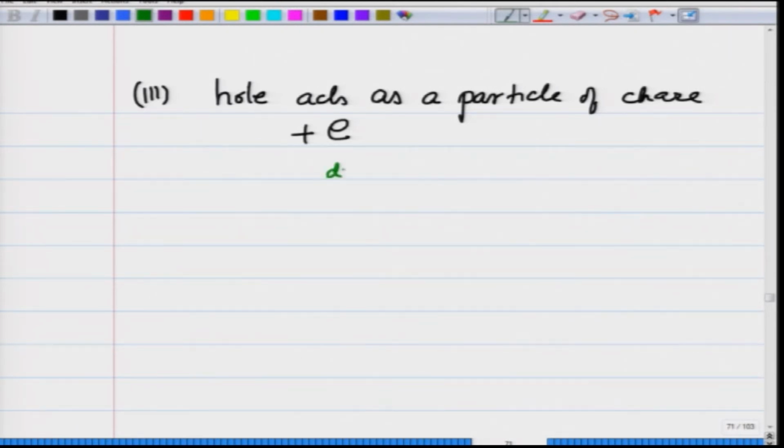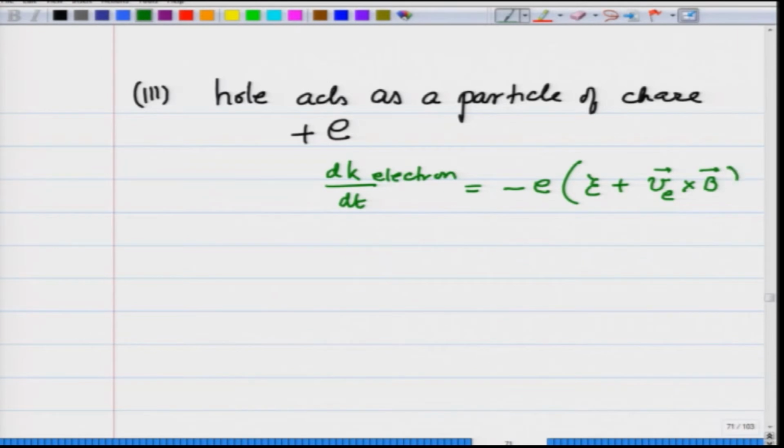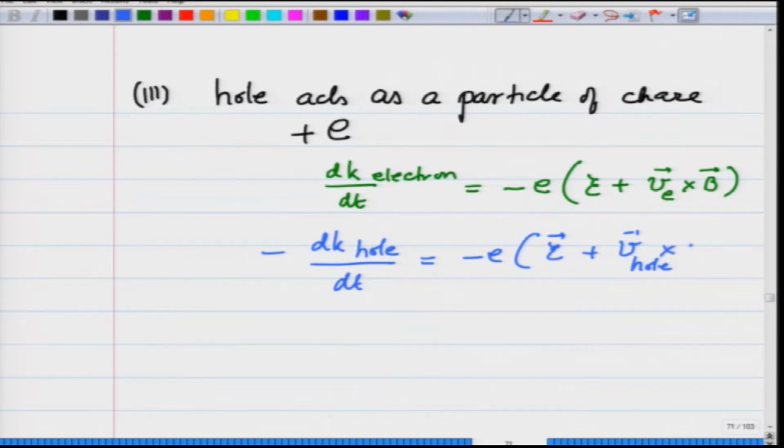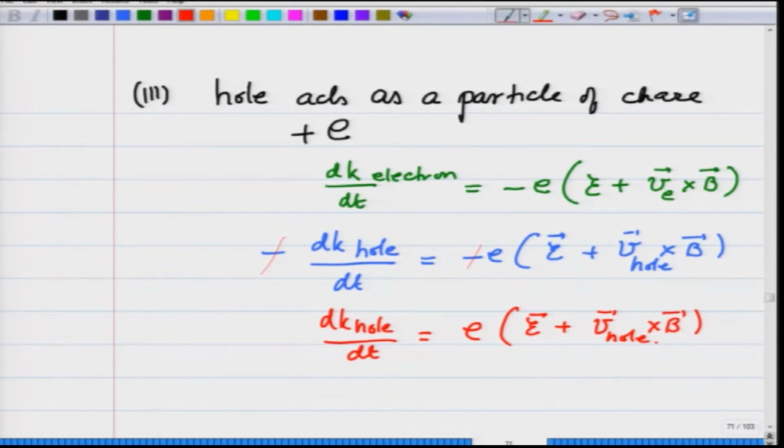Now, I am going to write it a little more explicitly mathematically after showing you through all the band pictures. I have dk dt for electron is equal to minus E, the electric field, plus V electron cross B. Then I have minus dk hole corresponding to this missing electron divided by dt is equal to minus E, I should put a vector sign on top, plus V hole cross B. The minus sign goes away and I have dk hole dt is equal to plus E plus V hole cross B, which shows that it is behaving like a particle of positive charge.